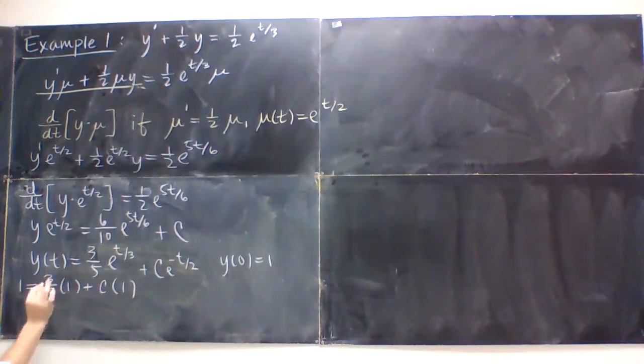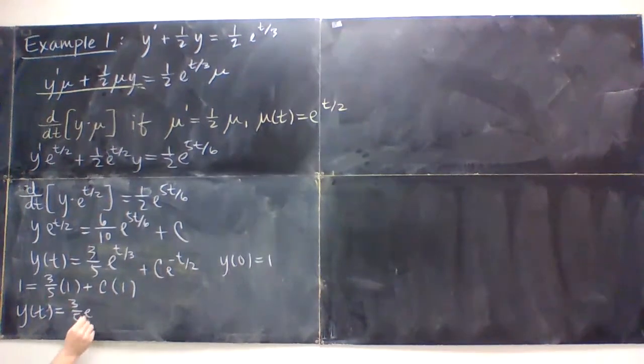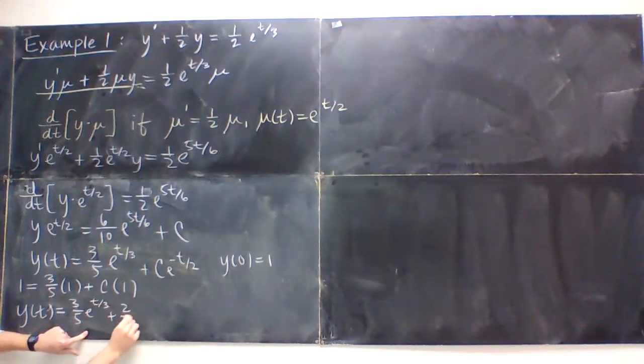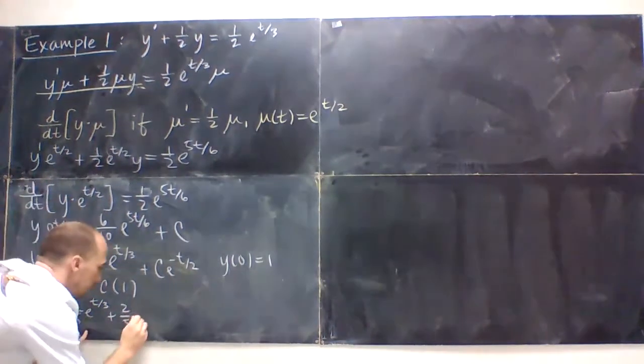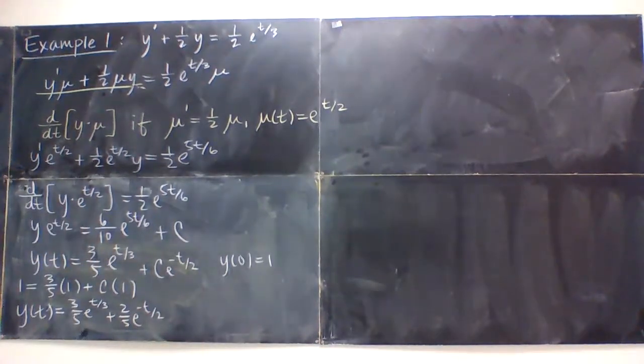So c is going to need to be the 2/5 that's left over here. And I've got a particular solution, y of t equals 3/5 e to the t over 3 plus 2/5 e to the negative t over 2. And I'm happy. All right.